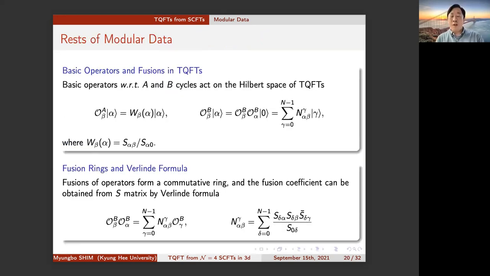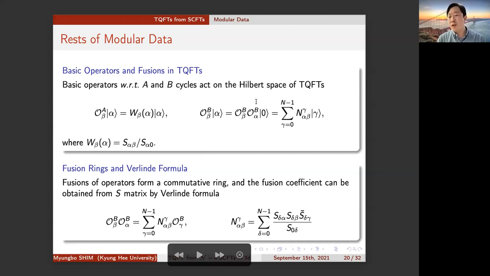But we need to check the other entries in the S-matrix and other modular data of the topological field theory. Here we can call the basic operators or anyons in terms of supersymmetric loop operators. Here the W matrix is the eigenvalue of this basic operator.